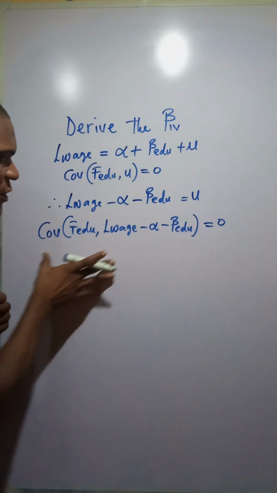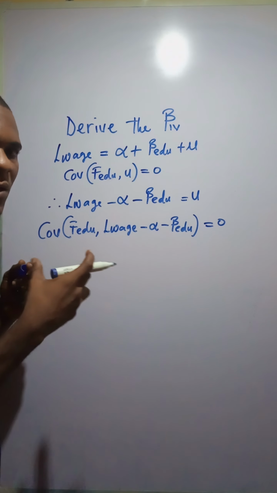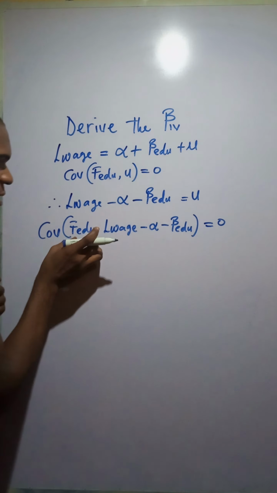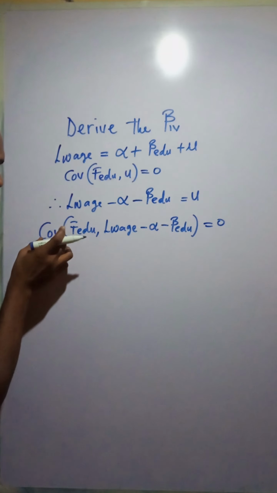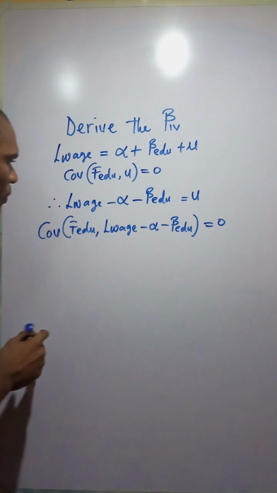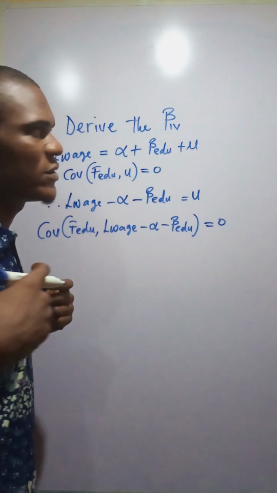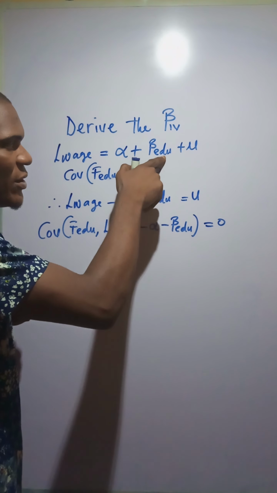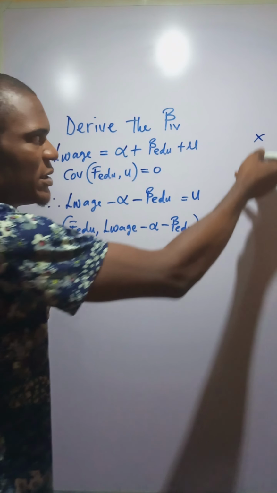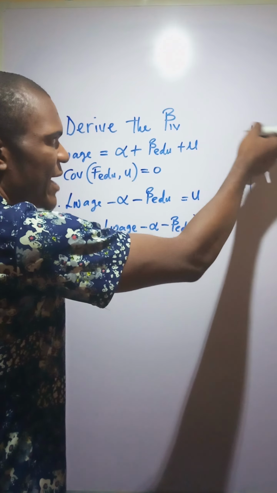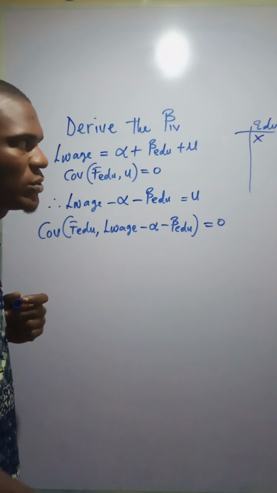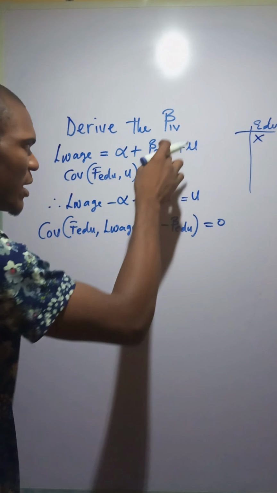All right, now that you've got it to this point, you're now going to share the covariance to father's education and labor wage, covariance of father's education and alpha, covariance of father's education and beta education. But note from my previous video that this education here is the x. Sometimes the table will be given, you will not be given x, you'll be given data for education, so you make use of the data for education here.